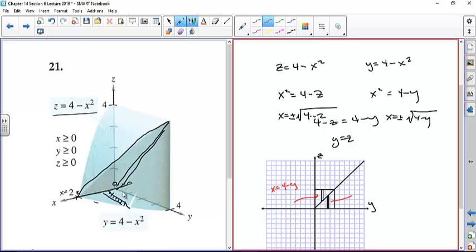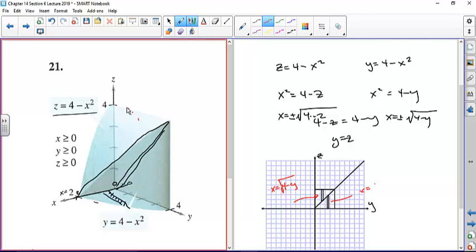And for that region, you go from y equals 0 to 4, and then up here, that would be this one, which is y equals 4 minus x squared, or x equals, and I forgot the square root part. I think they're both the positive square root, because this one is in the positive x direction.